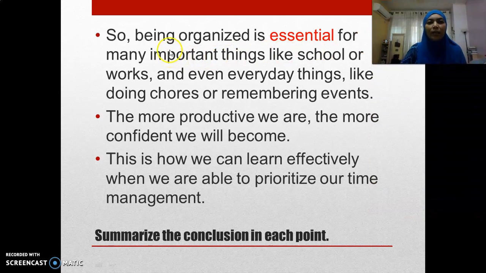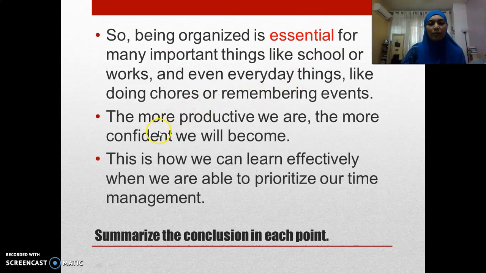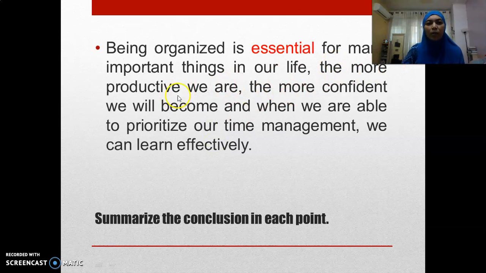If you can see here, the conclusion for the first point: being organized is essential in many important things in our life. That's how I make it simpler, and I just use a comma. The second conclusion for the second point: the more productive we are, the more confident we will become.